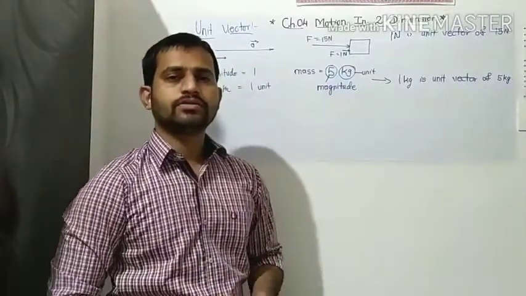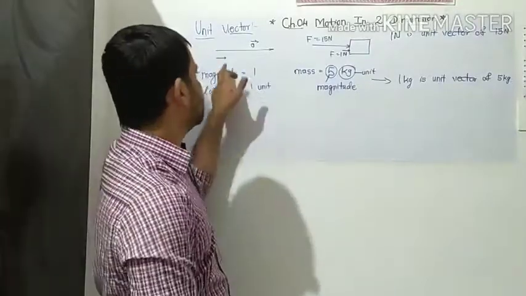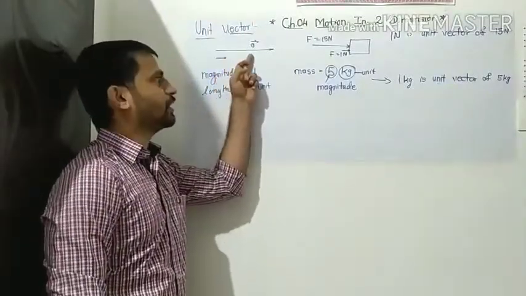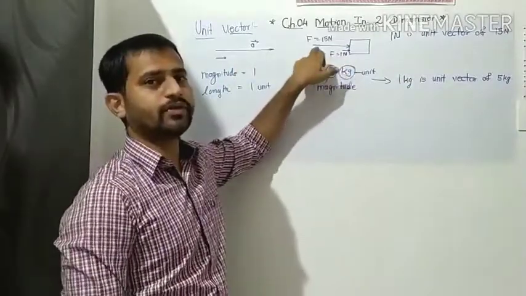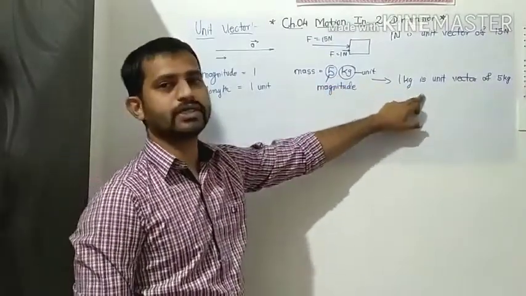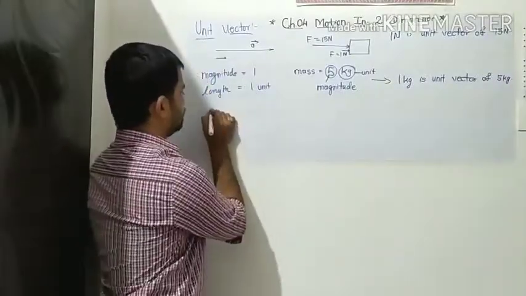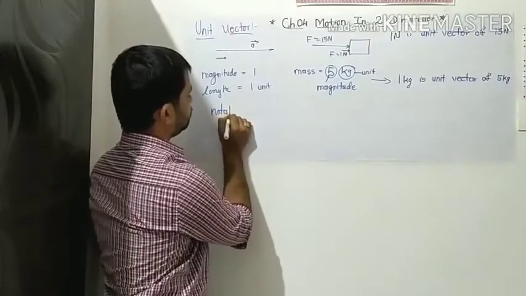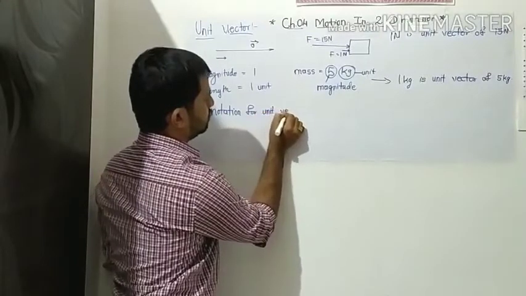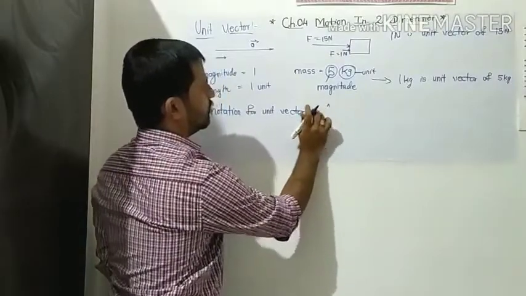Now what is the notation of the unit vector? As we have said, this small vector represents the unit vector of this vector A. This 1 Newton is the unit vector of the 15 Newton. This 1 kg is the unit vector of the 5 kg. Then how can we give the notation? The notation for the unit vector is a cap.